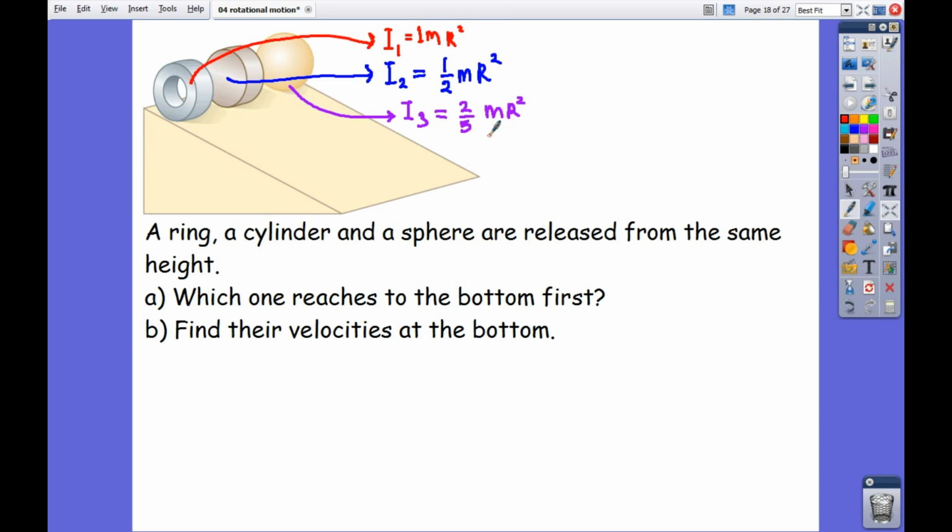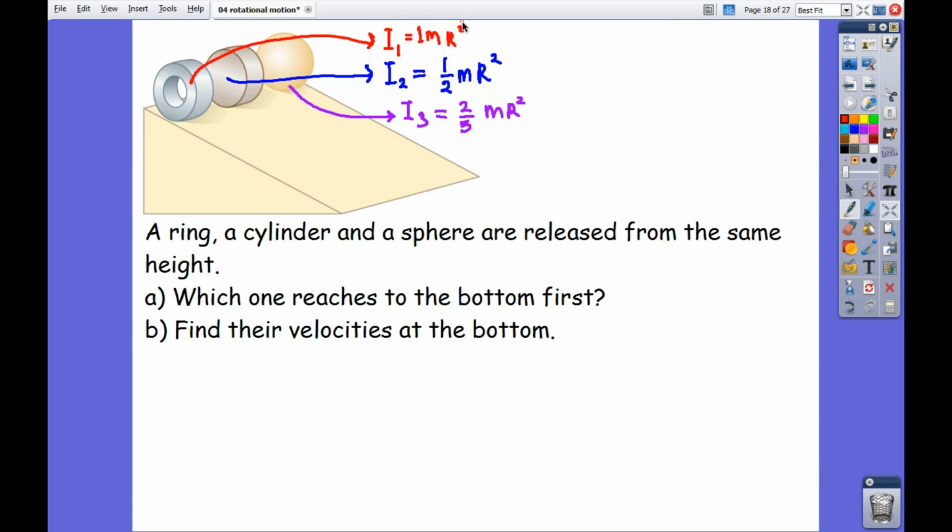So here, as you know, moment of inertia defines how hard it is for the object to rotate. The bigger the moment of inertia, the harder it is to rotate. So from this info, we know that the smallest moment of inertia is possessed by the sphere, while the biggest one is possessed by the ring.